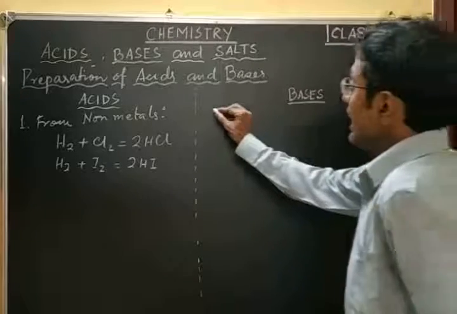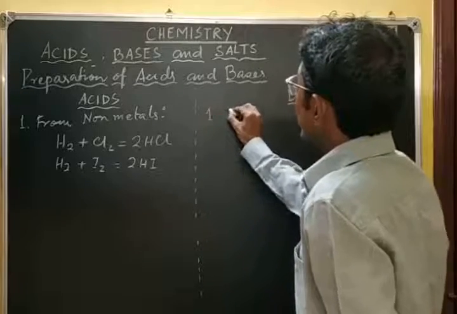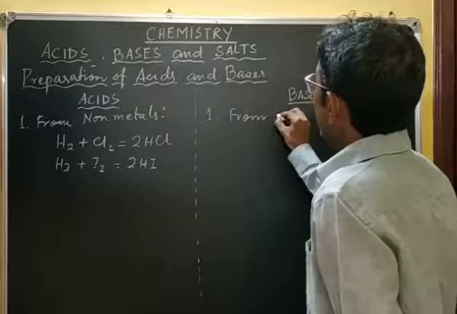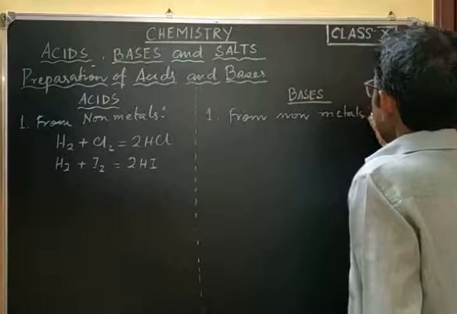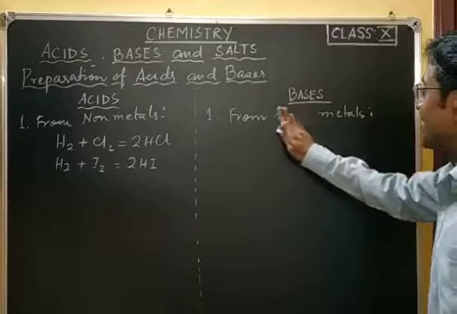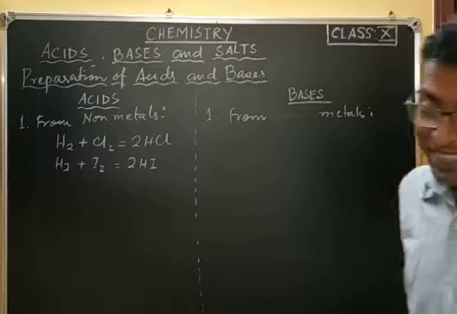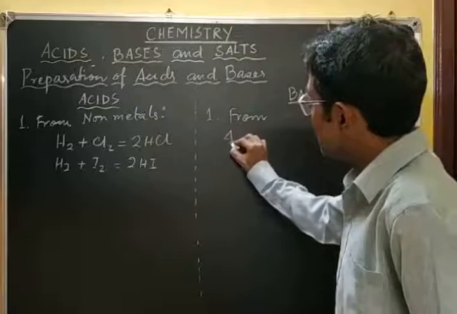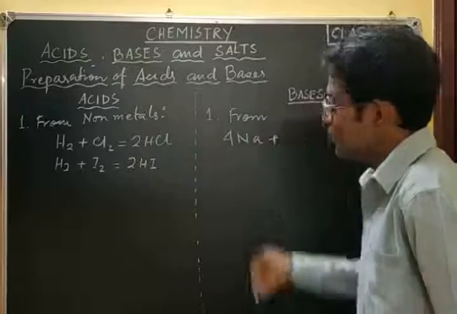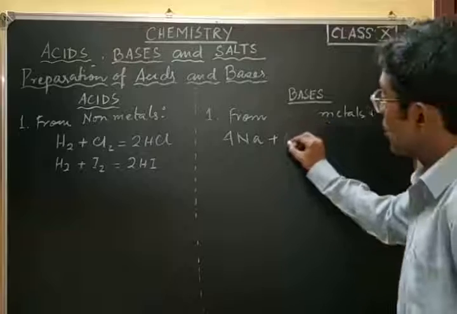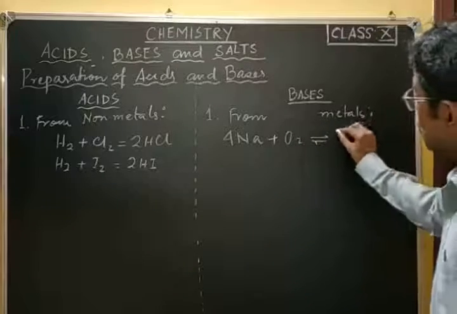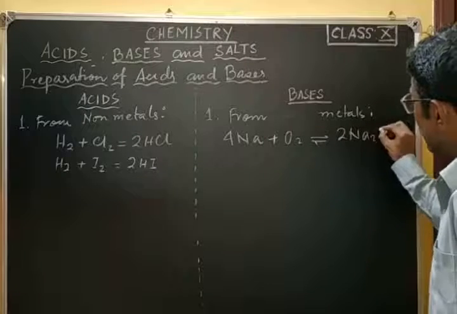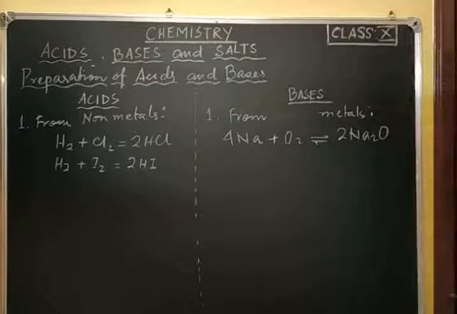So I can write base number 1 from metals, I'm sorry, not non-metals. So this is a confusing thing. I can write 4Na plus O2, oxygen, I am writing the balanced equation, that produces sodium oxide, 2Na2O. So sodium oxide is a basic oxide.